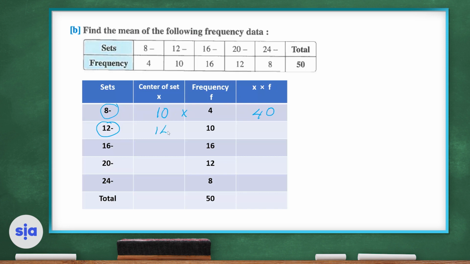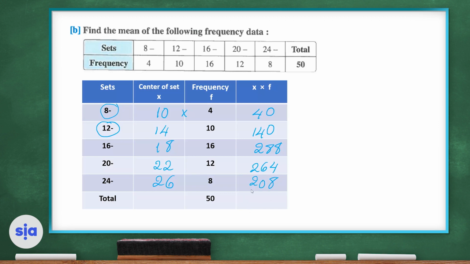So this one will be 14, 140, 18 times 16 is 288. This is 22 times 12 is 264. This is 24. So here it will be 26 times 8 is 208.